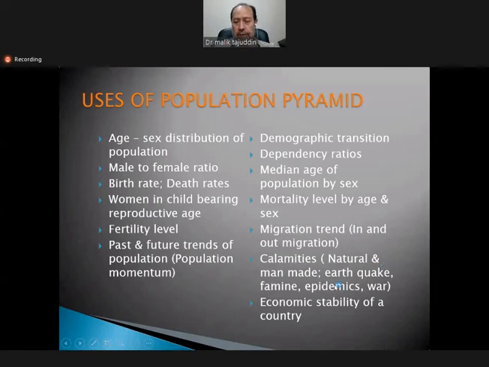And then there are different conspiracy theories in different epidemics, etc. Deaths are there in different countries, near about 1.5 lakh. So these are the disasters which may affect the population and which you can find out by studying the population pyramid. Then what is the economic stability of a country?